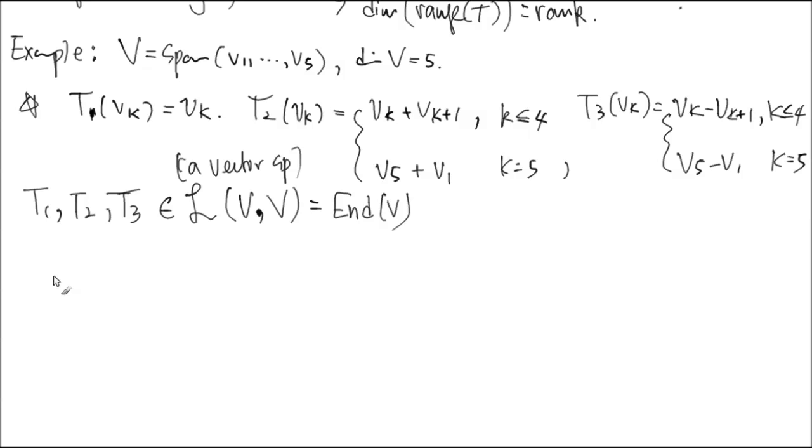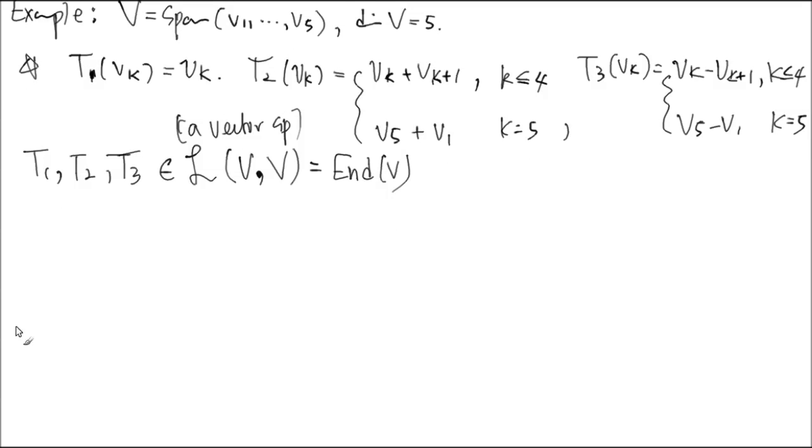Next, if you have three vectors, what is the usual question we ask? Linearly independent or not? That's the question I'd like to ask. So how does that go? I give you T1, T2, T3, and I ask whether they are linearly independent.